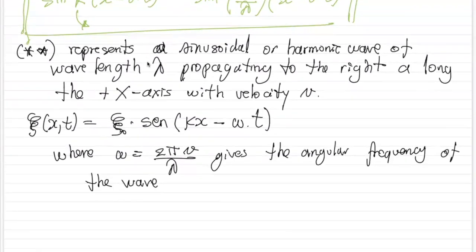But also, you can remember that the angular frequency is equal to 2 pi times the frequency. In other books, you can find 2 pi times f, which means it's the normal frequency.